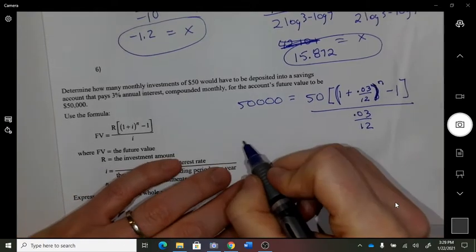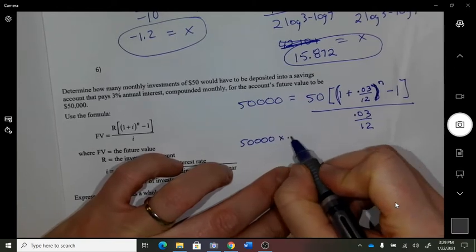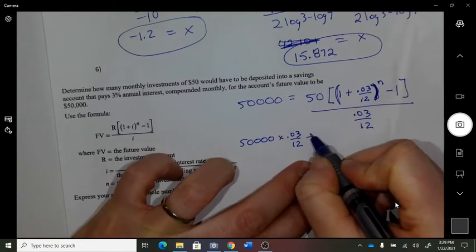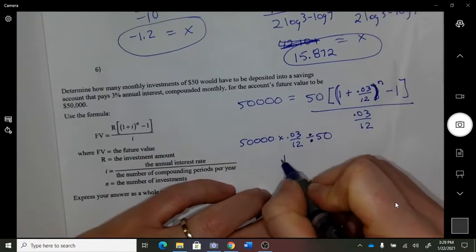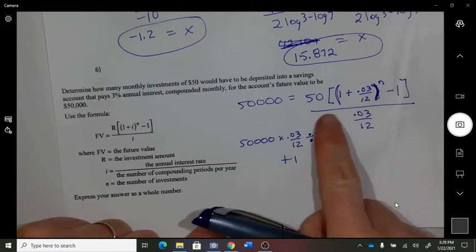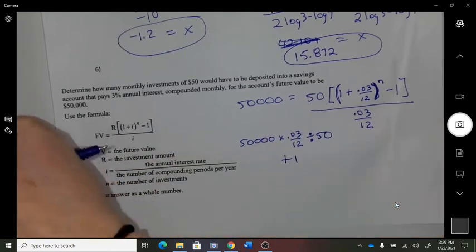Okay, so I'm going to take this 50,000. I'm going to be timesing it by that. I'm going to divide by 50, and then I'm also going to add 1. I'm going to do all those things. I'm going to times to get rid of that, divide to get rid of that, and I have to do this last, add 1.